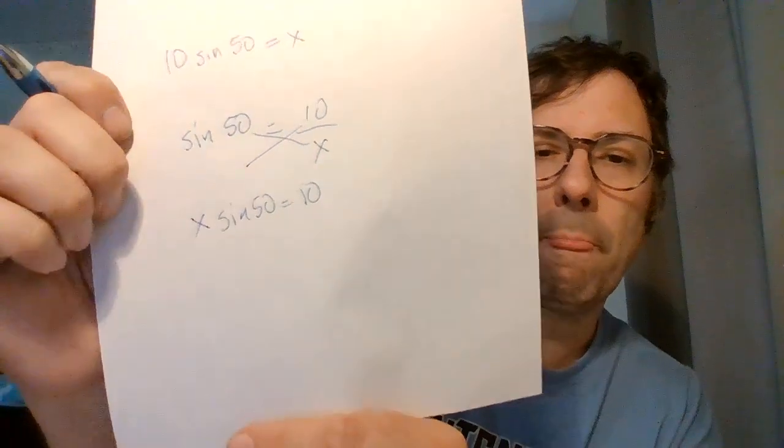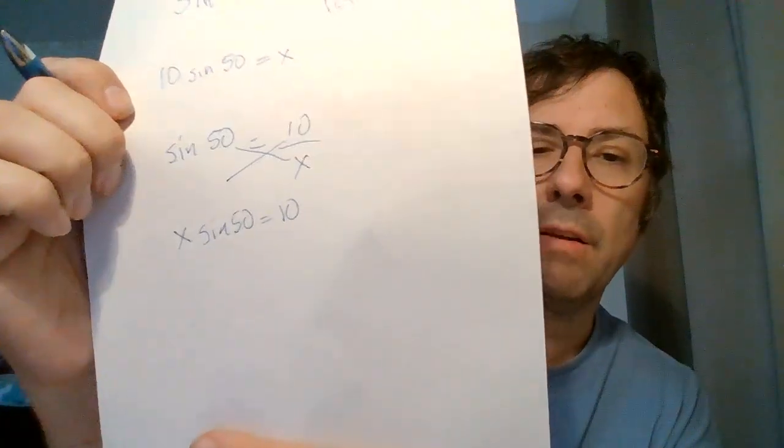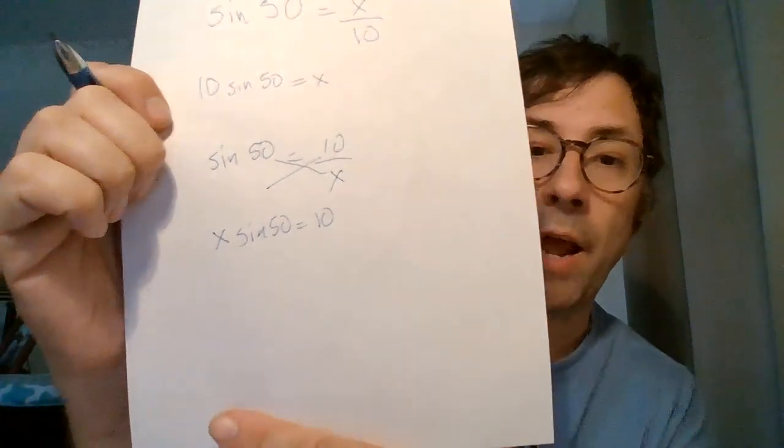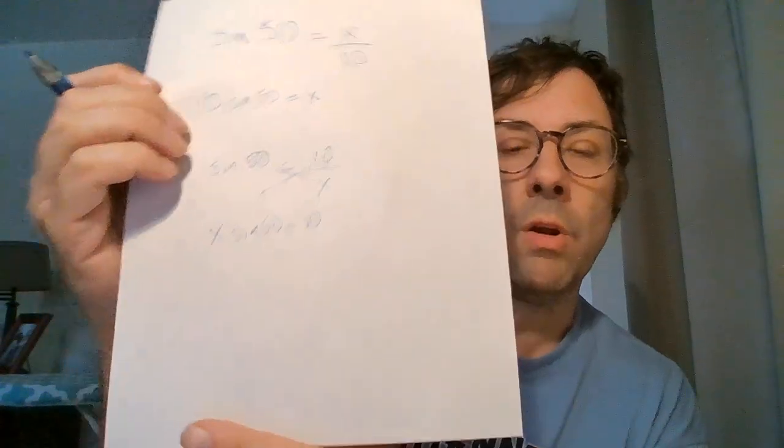We're going to cross multiply, so we get x sine of 50 equals 10. Now we have to divide so we can solve for x, because x is what we're looking for, which is the length of the hypotenuse.